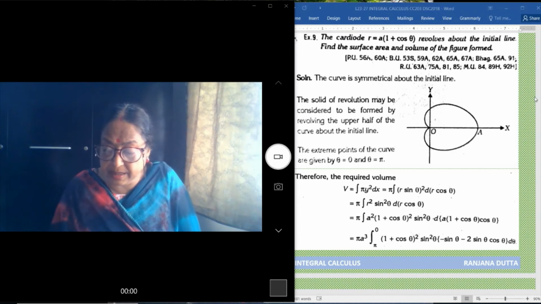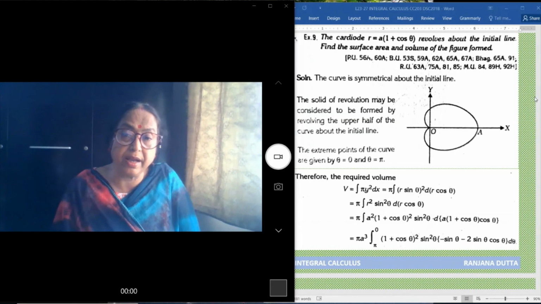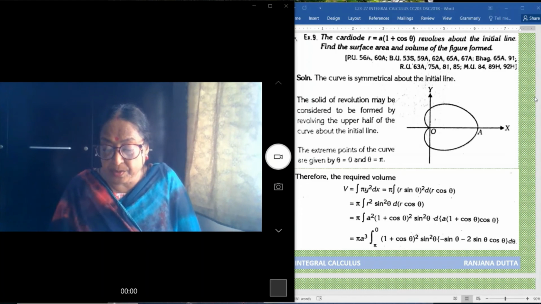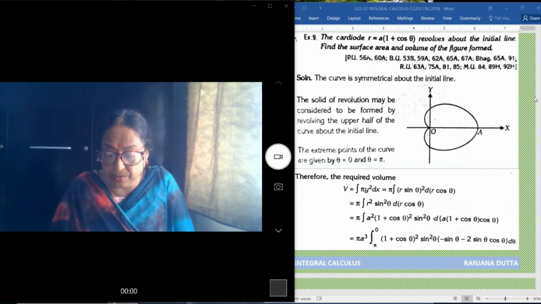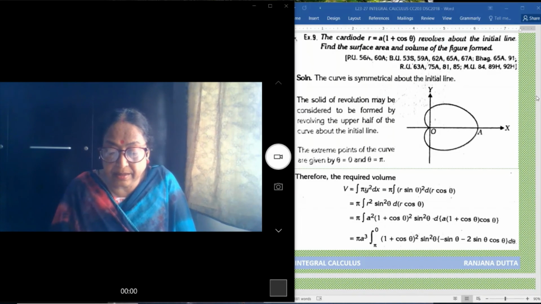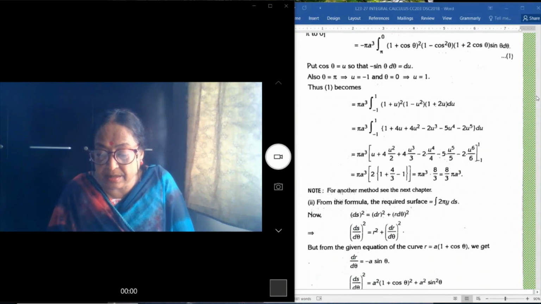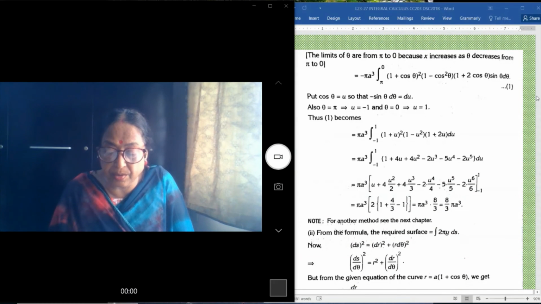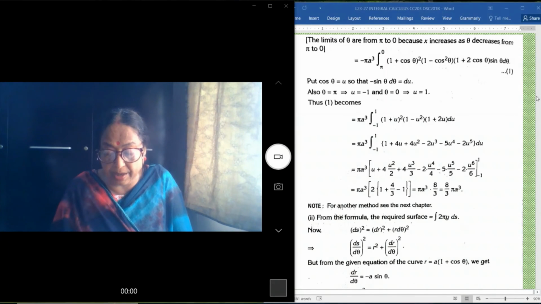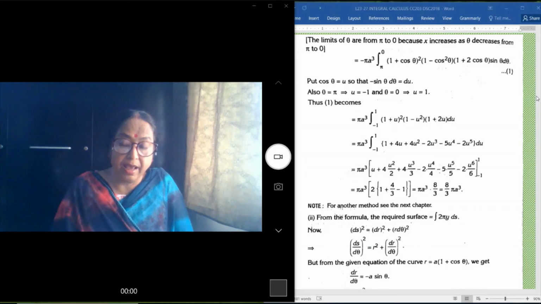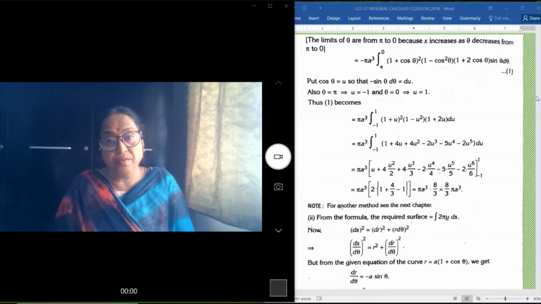We are not integrating directly; we put some substitution to integrate it easily. Put cos theta is equal to u, so sin theta d theta is equal to du, and theta is equal to pi means u is equal to minus 1, and theta is equal to 0 means u is equal to 1. Now putting the limit and integrating it, we get the required volume.